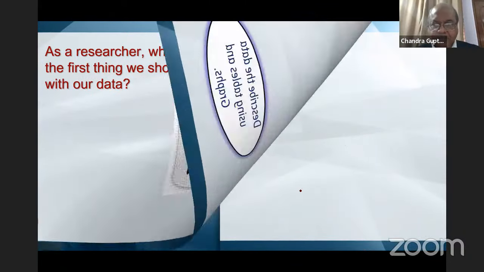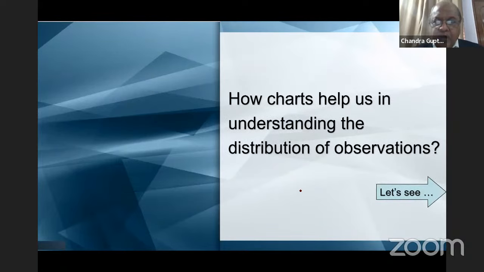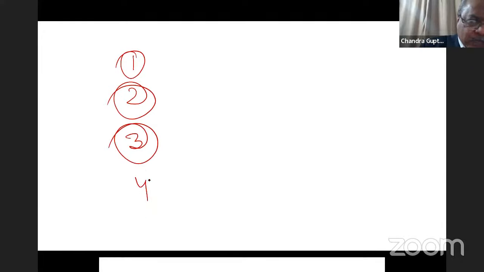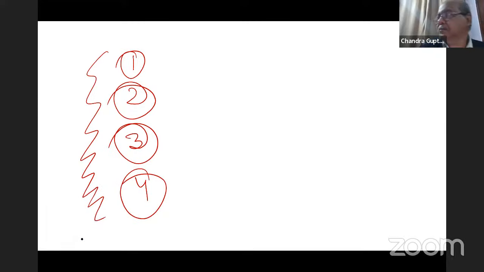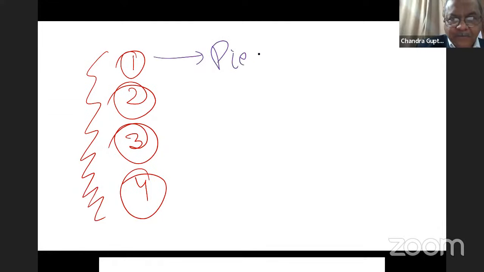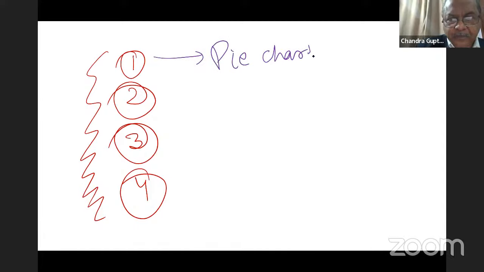Okay. So how do charts help us in understanding the distribution of observations? So when we say chart, what kind of charts can we make? Give me the names. Anyone? Pie chart. Yes, Rashika. What next? Histogram.